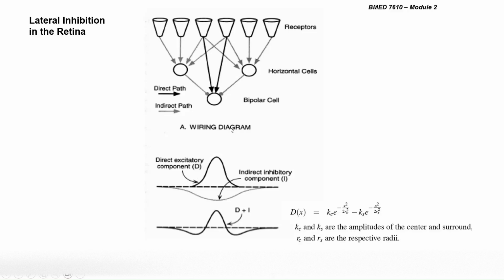The direct excitatory component is D, this one, and the indirect inhibitory one, the gray one, is I. When we add them up, we get this voltage, and we call this the DoG function, which stands for difference of Gaussian functions. So when we add them up, we see the difference, I guess.